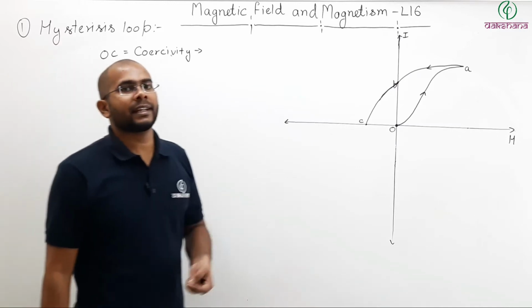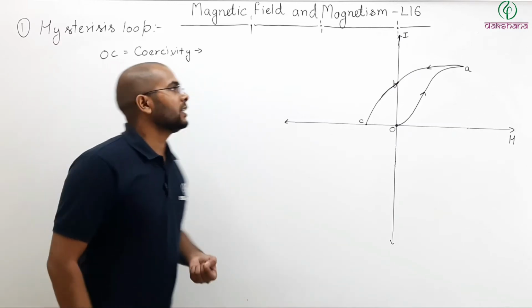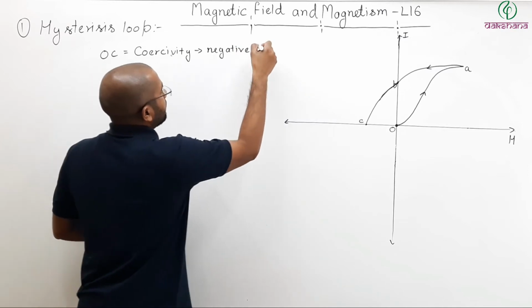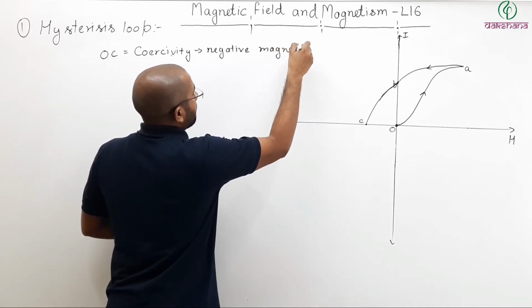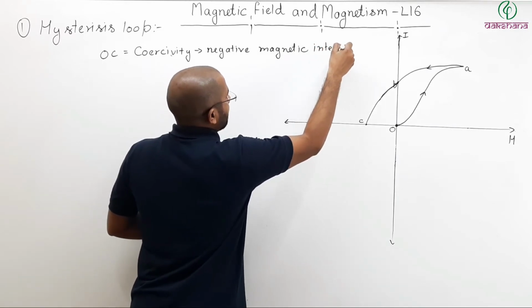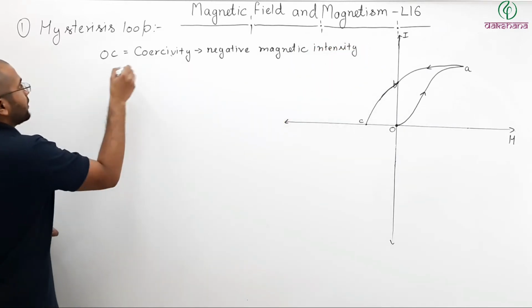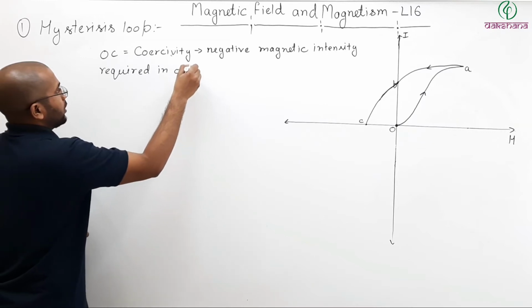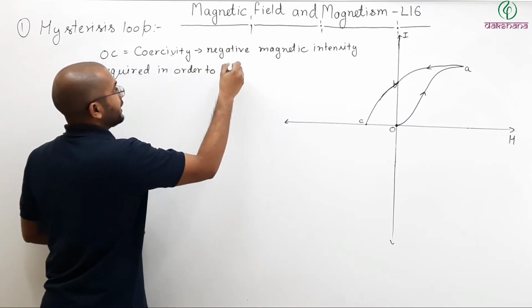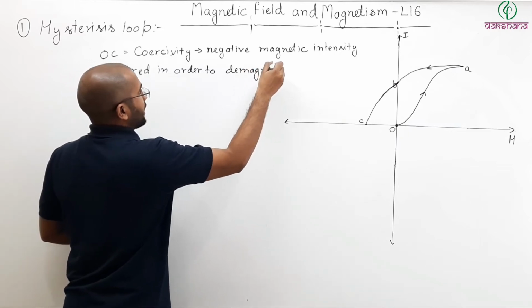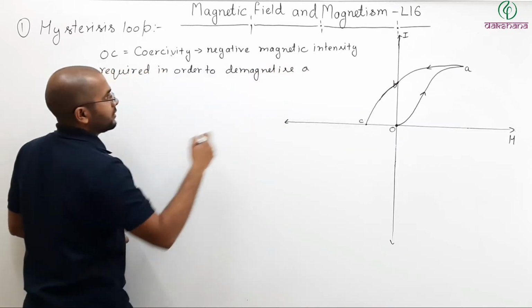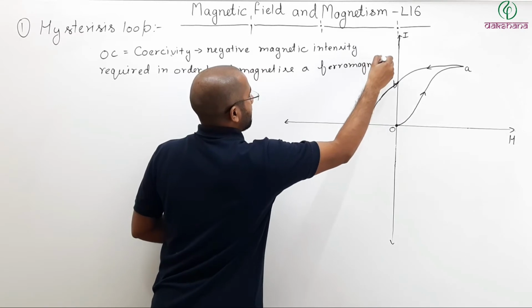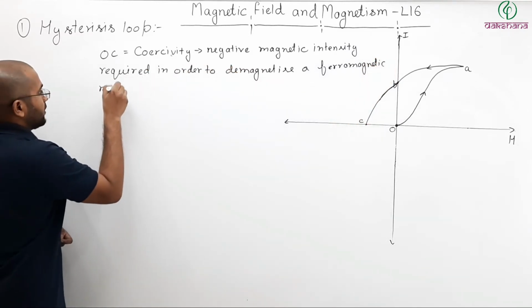Coercivity is the negative magnetic intensity required in order to demagnetize a ferromagnetic material.